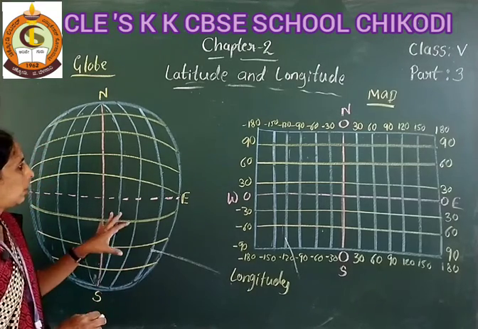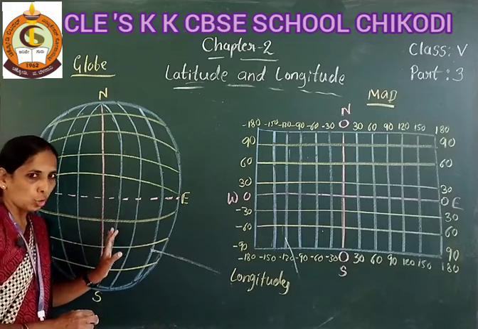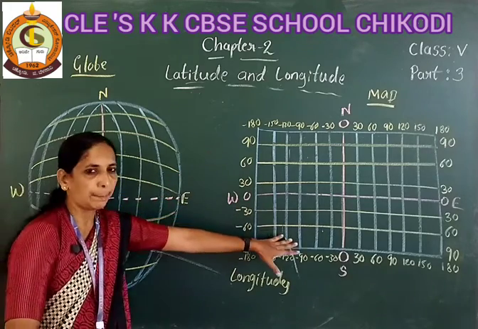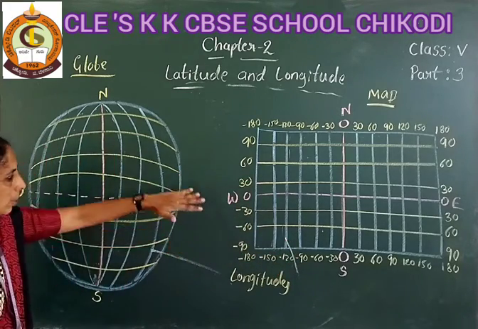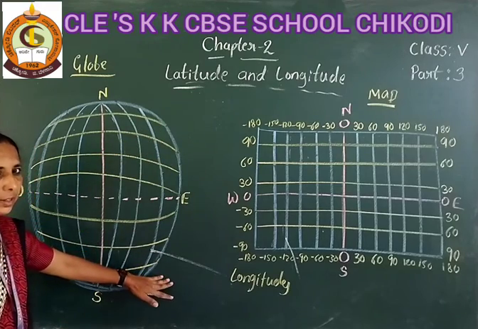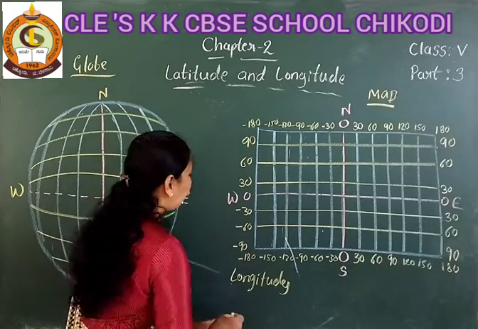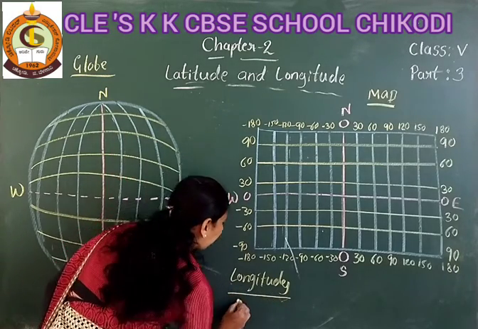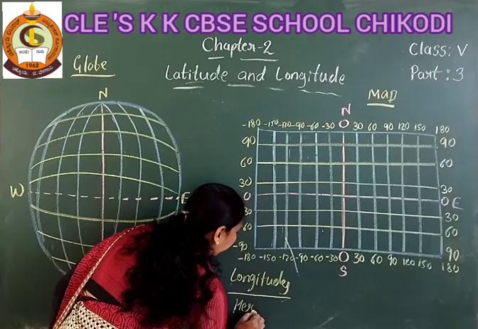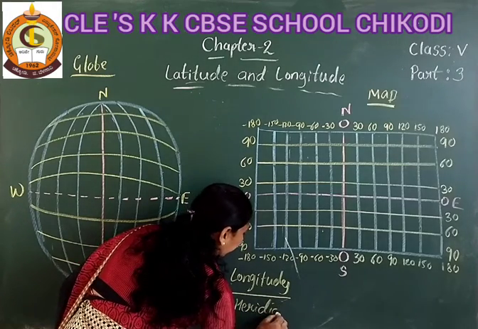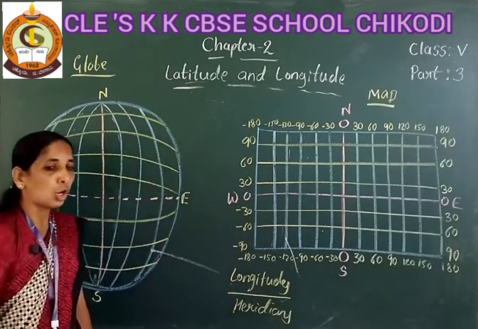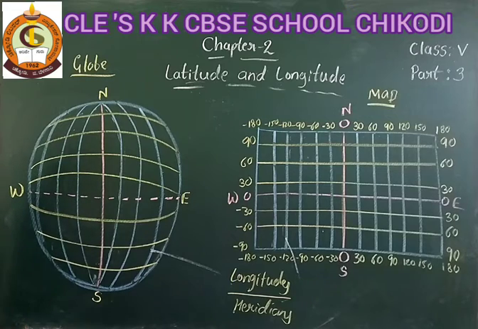When we are seeing the globe and the map, some standing lines, meaning vertical lines, are there. These lines are longitudes. Longitudes are also called meridians.